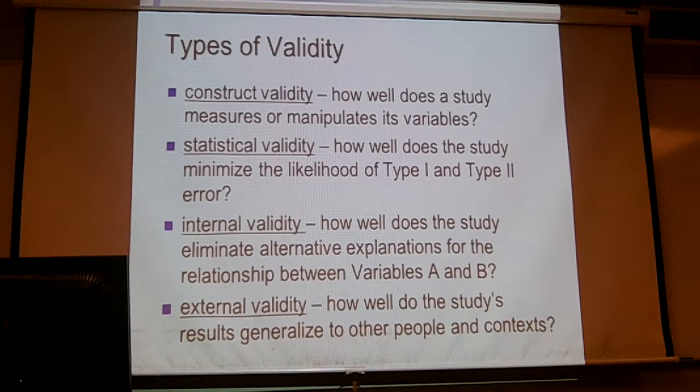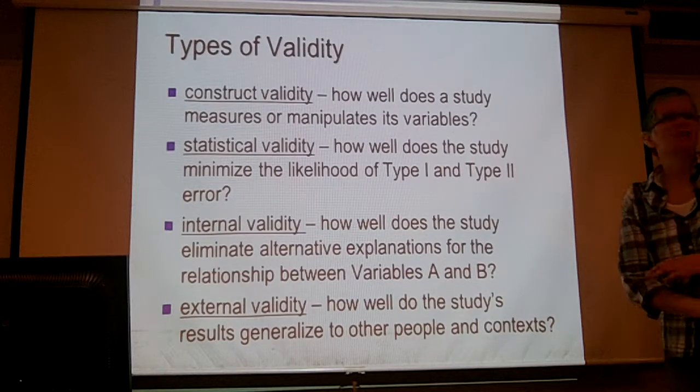Internal validity is about how confident I am that any change that's observed in the dependent variable, based on changes in the independent variable, is true. I want to be confident about that influence, that relationship. And if there's anything that's getting in the way of my confidence of that causal relationship, the internal validity of the study goes down.